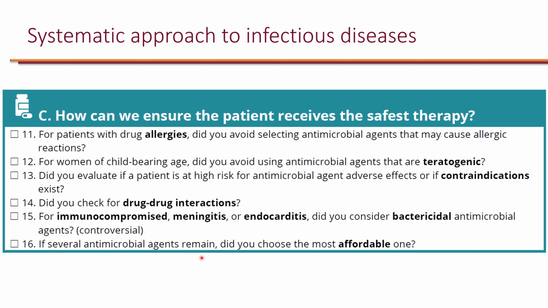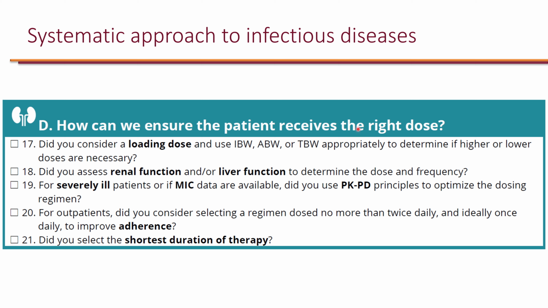And the next thing to consider is, if you have multiple options, you want to choose the most affordable option for the patient. Now, the fourth thing to consider is how we can ensure the patient receives the right dose. You want to optimize the dose of the antimicrobial, and this is important for us as pharmacists.